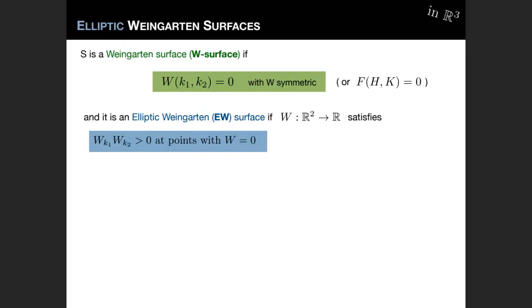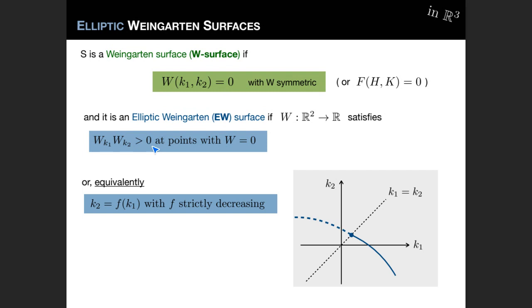Regarding this equation of elliptic Weingarten surfaces, for our purposes in this talk, it's going to be more convenient to rewrite this equation in the following way.